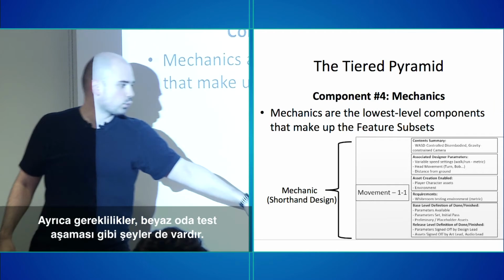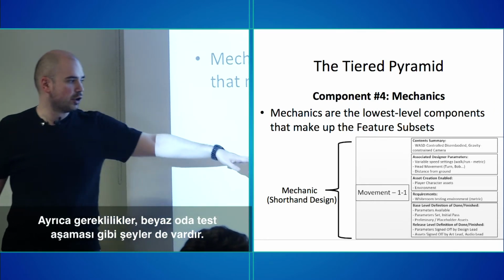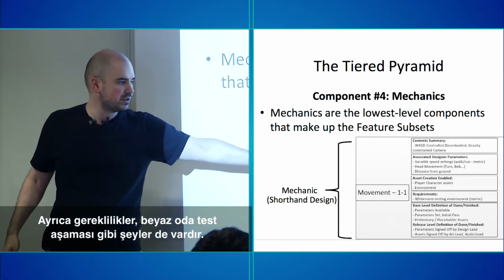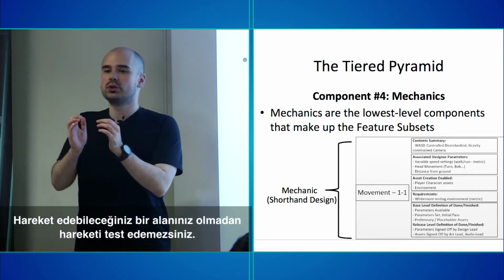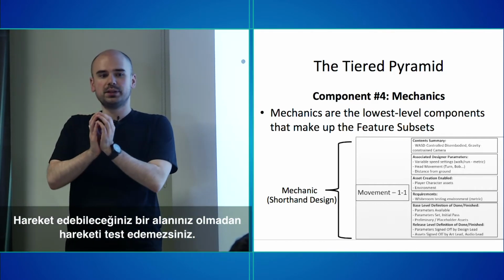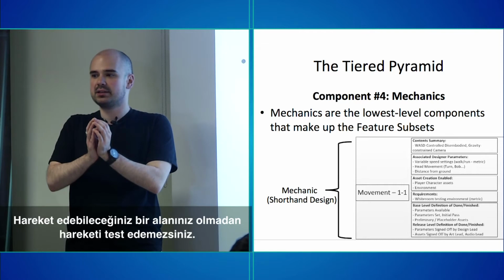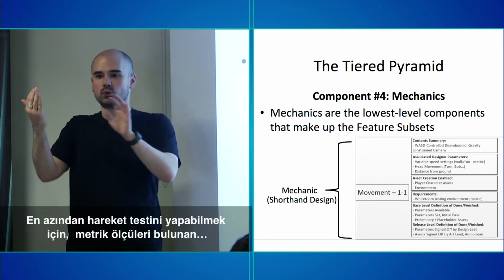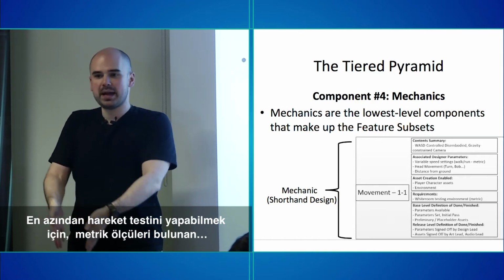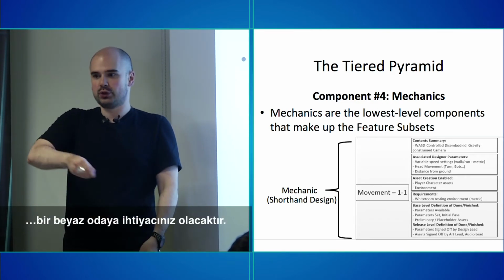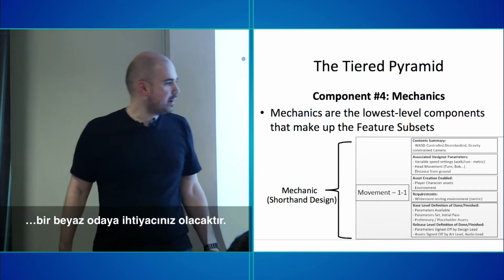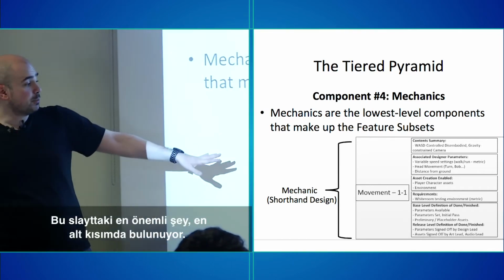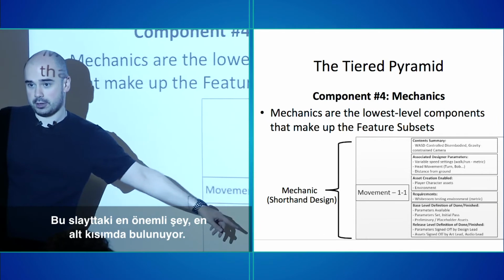It also has stuff like requirements and, you know, a white room testing environment, for instance. This is important. You cannot test movement without having a space to test the movement in. So you probably need at least a white room with a metric grid on the ground so you can test speeds, right?